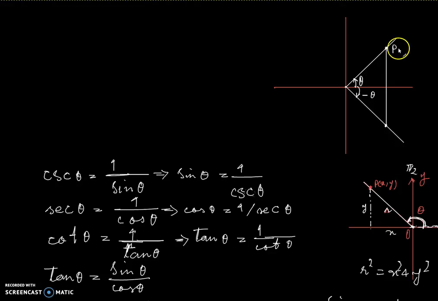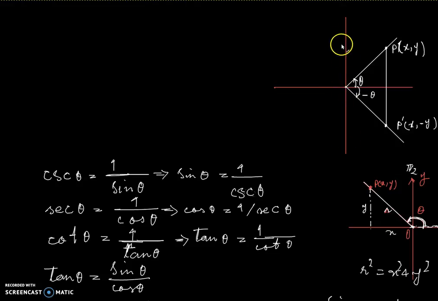So if this is P, and I give it the coordinates x comma y, if this is x and this value right here is y, then if I call this P dash, you have the same x value here, but the opposite y. I mean, if you have y here, then here you have minus y. The same value, but with the opposite sign.